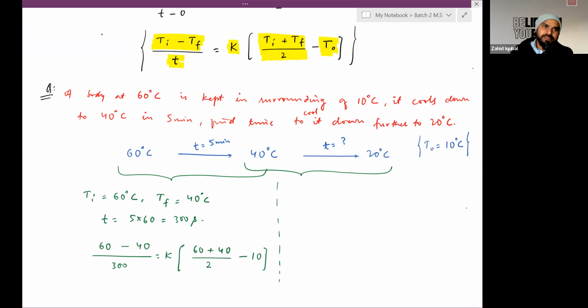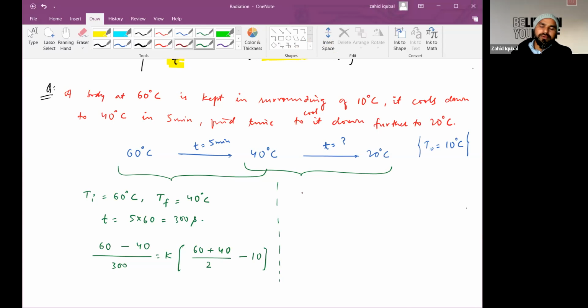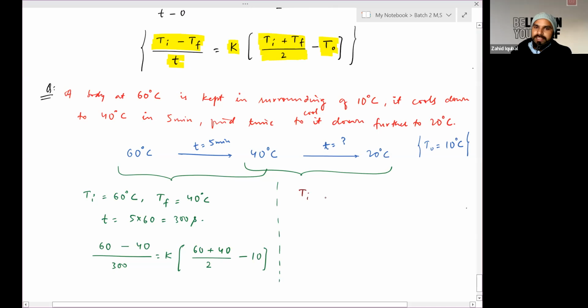Similarly, if you solve for the second part, we have T initial as 40, T final 20, and time taken we have to calculate. If you put these terms into the above equation, you will get (40 minus 20) divided by time equals K times (40 plus 20) divided by 2 minus temperature of surrounding 10.